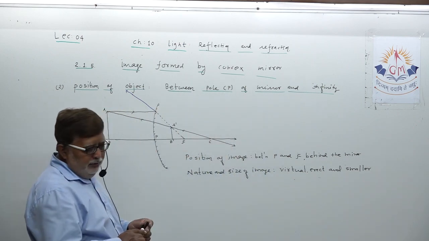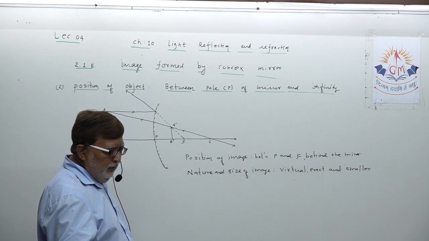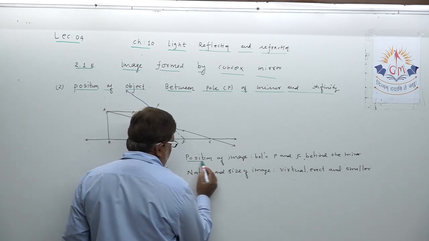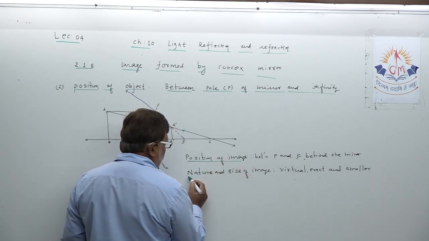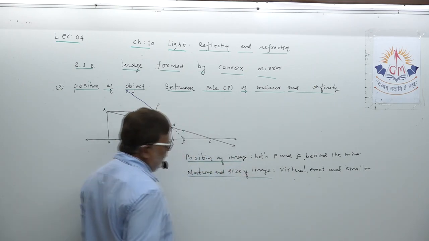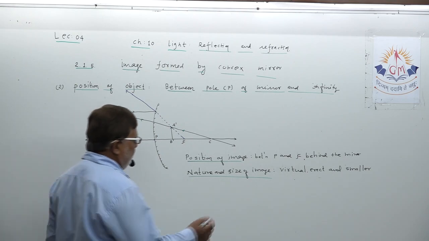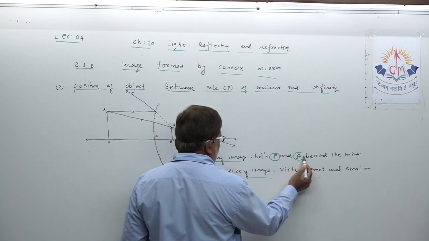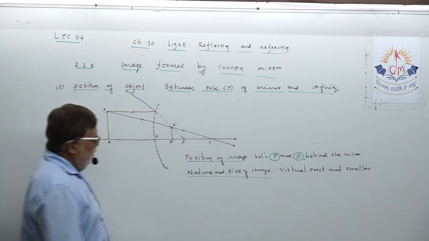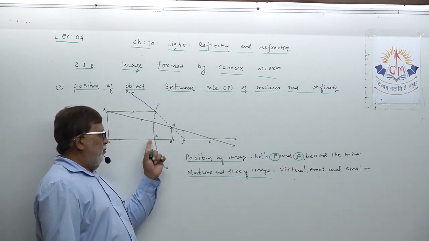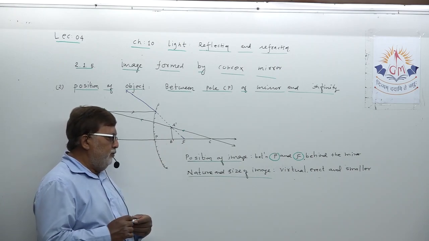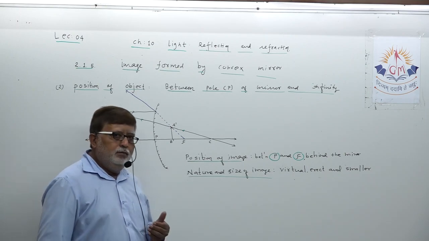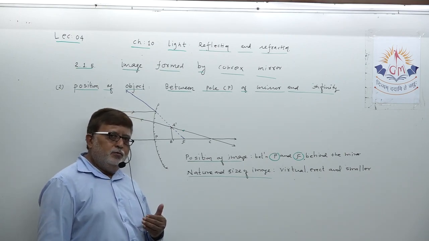This is the second type of image we can obtain. This is the position of the image, where it is obtained between pole and principal focus F. And what is the nature of the image? It is virtual, erect and smaller.